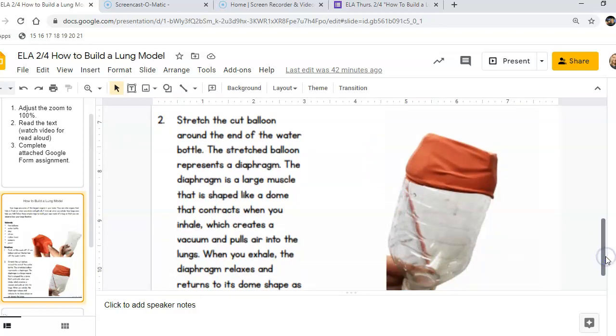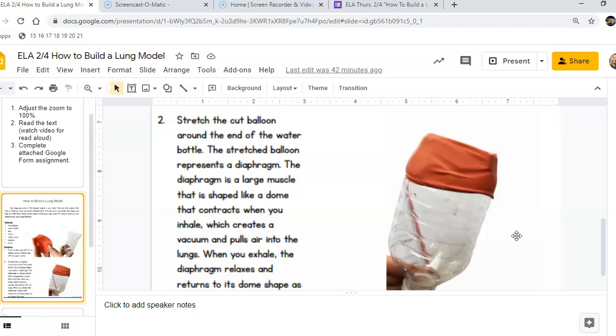All right, step 2. Stretch the cut balloon around the end of the water bottle, so like so. The stretched balloon represents a diaphragm. The diaphragm is a large muscle that is shaped like a dome that contracts when you inhale, which creates a vacuum and pulls air into the lungs.